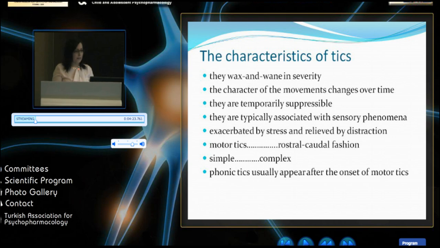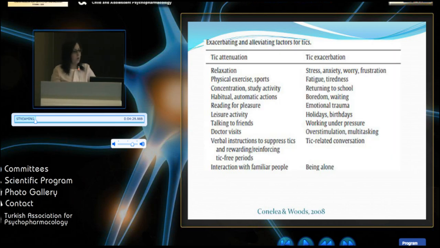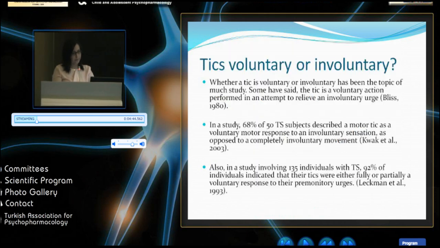It starts with simple, then complex tics, and phonic tics usually appear after the onset of the motor tics. Very roughly speaking, you see the reasons for attenuation and exacerbation: stress, anxiety, worry, and frustration cause exacerbation, but when there is concentration and relaxing activities, it may attenuate.